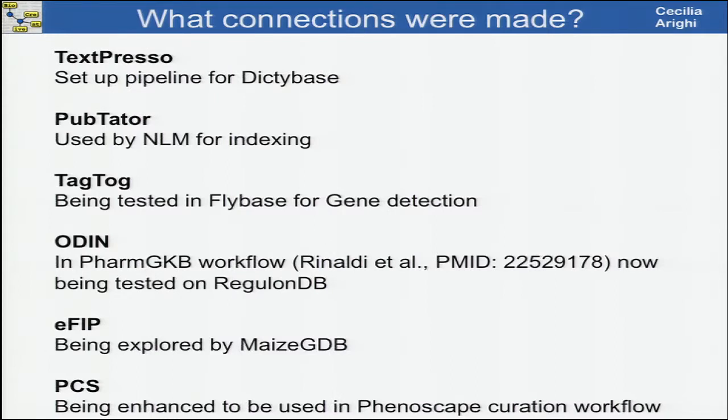The Odin system has been used in the FlyBase workflow, and now will be tested in this BioCreative for RegulonDB. And eFIP, a system that extracts phosphorylation and protein-protein interaction, is being explored by MGI. And another system is being used in the Phenoscape workflow.